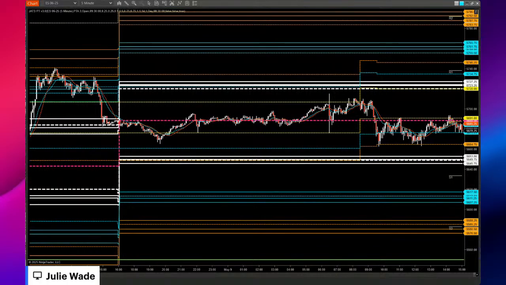What I would like to do is take a moment and share some higher time frame charts. I want to put one more chart up. Hang on one second, and then I'll pull this over and we'll take a look at some higher time frame charts.